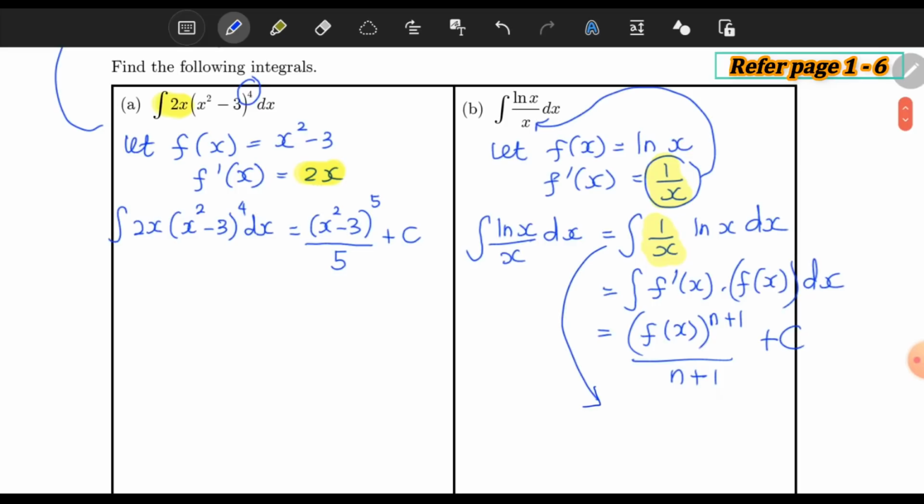Therefore, for our case, our f(x) is ln x. Ln x power of 2, because the original power is 1. Divide by 2 plus c.